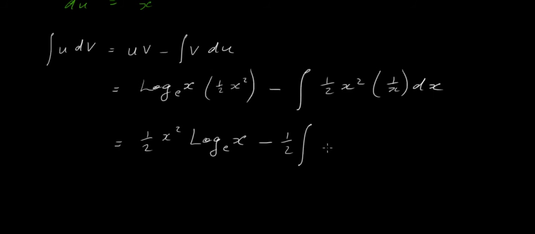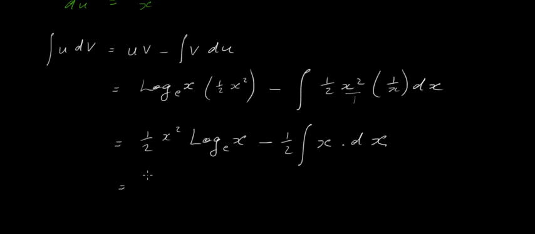And now I've got an x squared on top here, so that's x squared over 1 if you like. I've got an x here, so really that x will divide into that x squared, and I'm just left with x dx. So that makes things a little bit easier. Okay, so let's look at the next line then.